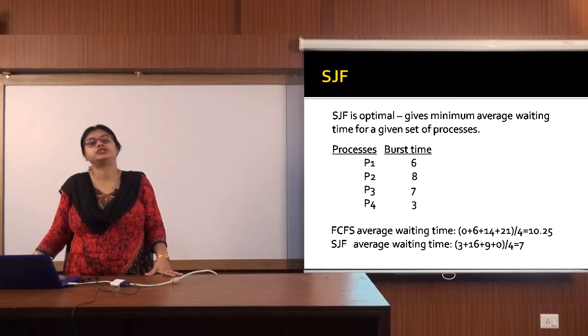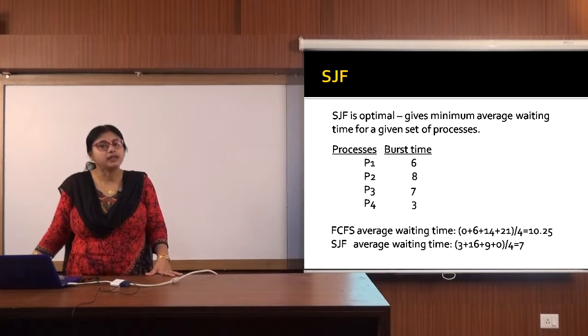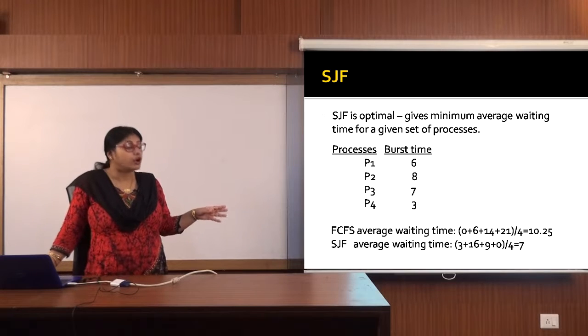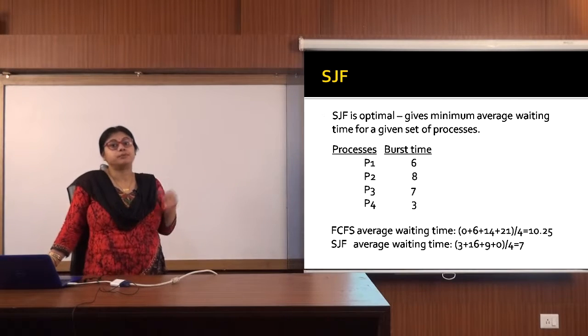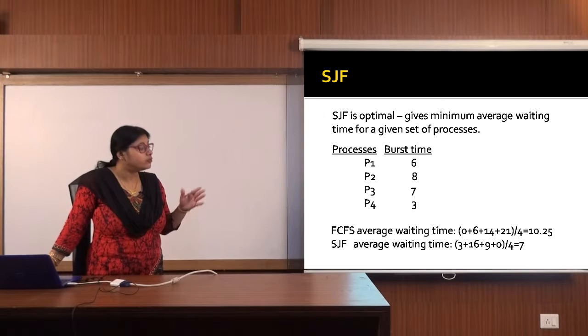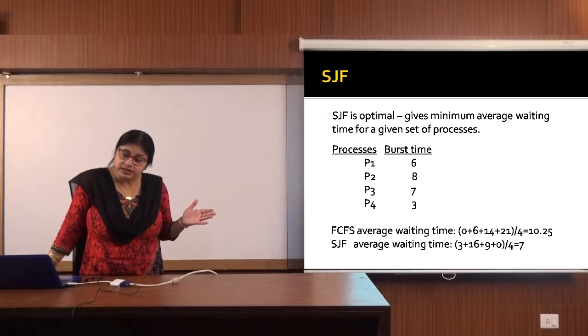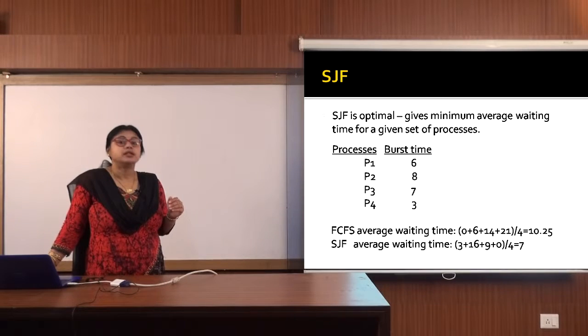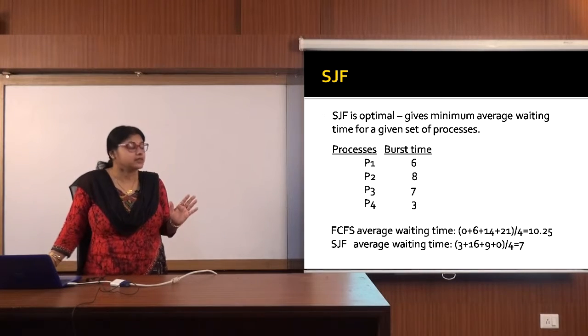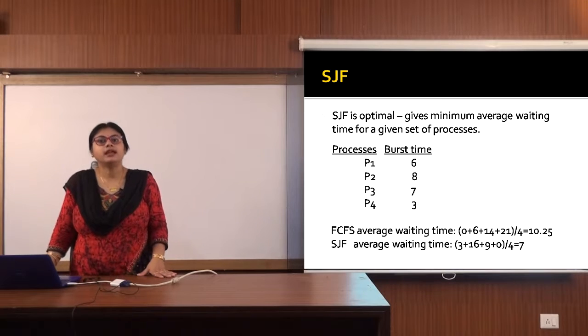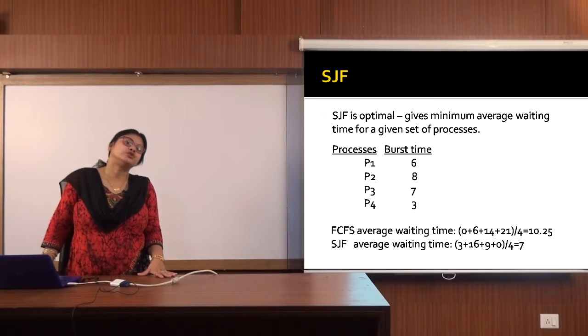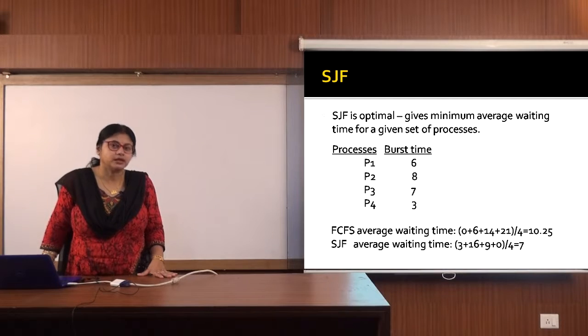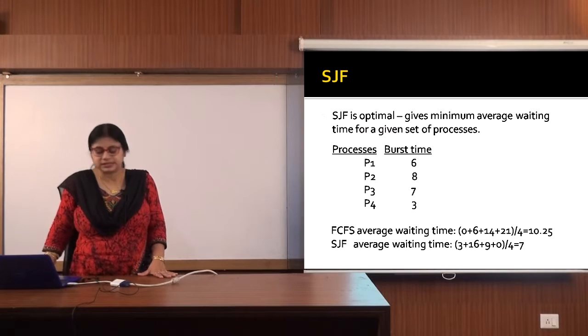The same methodology we adopt here for finding the average waiting time of SJF. Though I have not written the details, I have only written 10.25 milliseconds for FCFS and 7 milliseconds for SJF, just to make a comparison that SJF takes less time. Now, I am showing you how we compute the average waiting time for SJF.